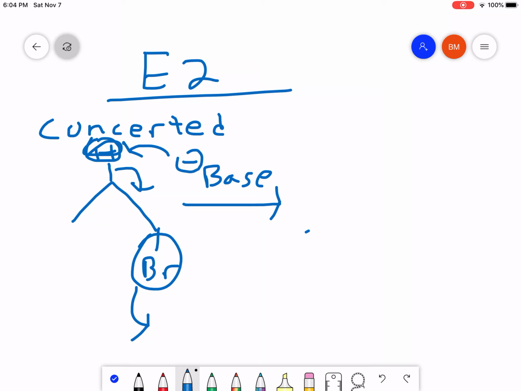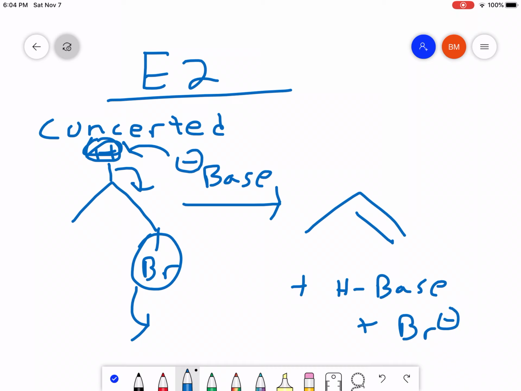So that allows you to form a double bond. You also end up with a protonated base and Br minus as byproducts. All of this happens at one time. You form the double bond, you pluck the proton, and the leaving group leaves all at the same time. So, concerted mechanism.